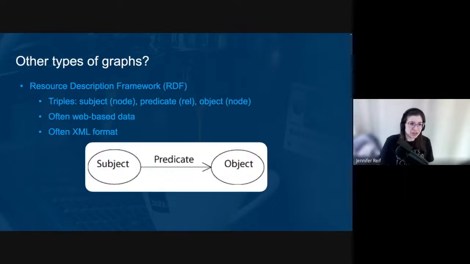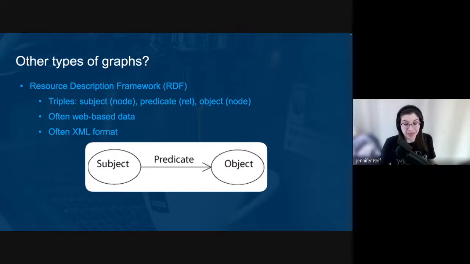Now, I did mention there are other types of graphs. One of the big ones, so we talked about the property graph, the nodes and relationships with properties and labels and so on. There are other types of graphs out there. The most common one is Resource Description Framework, or RDF. Some or most of you may have already worked with this type of data, but it organizes itself into triples, which is subject, predicate, object, which is basically node, relationship, node, if you will, just different terminology.